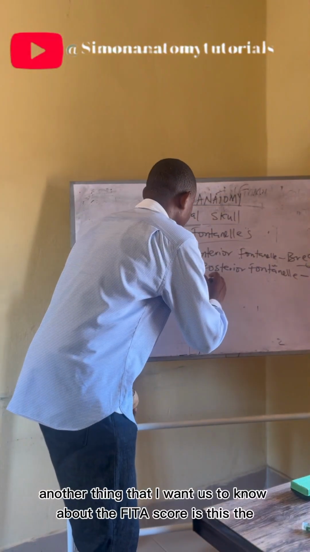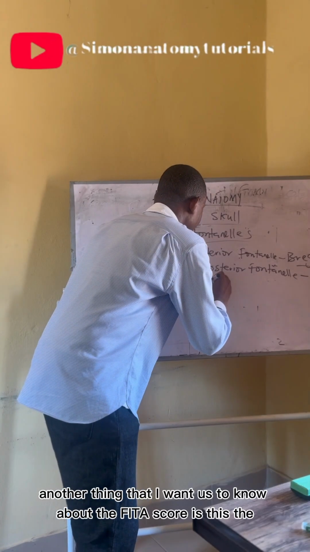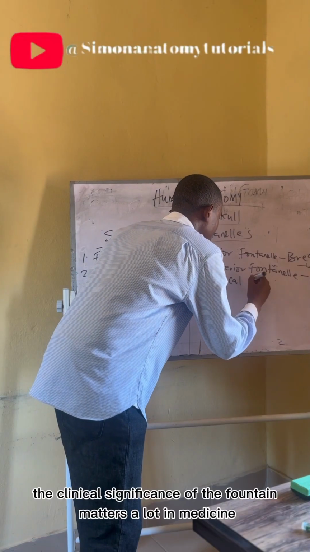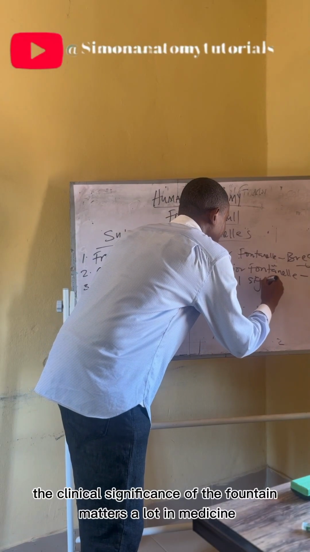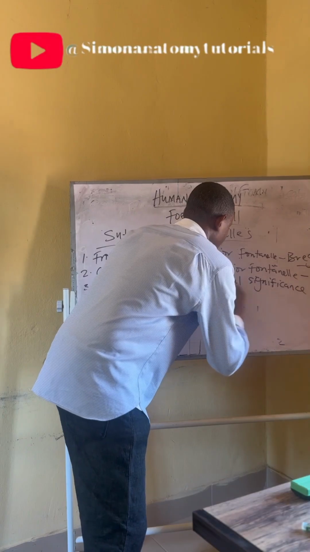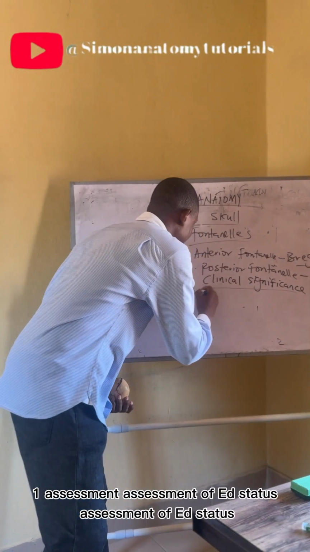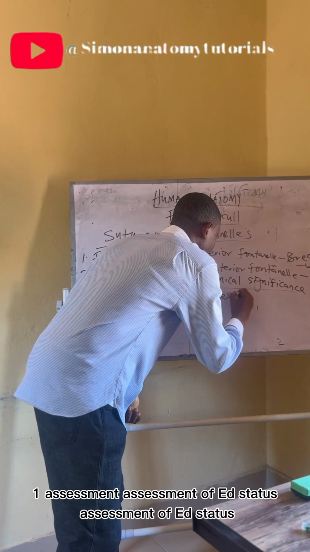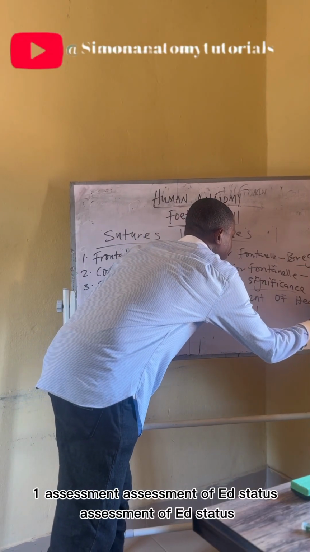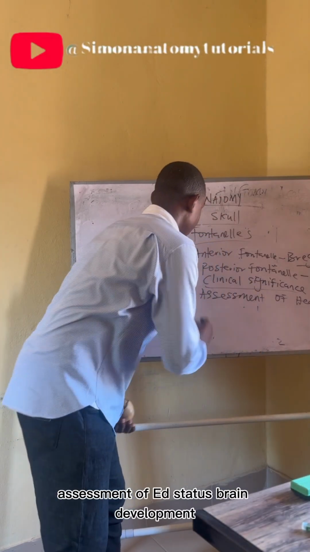Another thing that I want us to know about the fetal skull is the clinical significance of the fontanelle, which matters a lot in medicine. So what is the clinical significance of the fontanelles? One, assessment of health status.